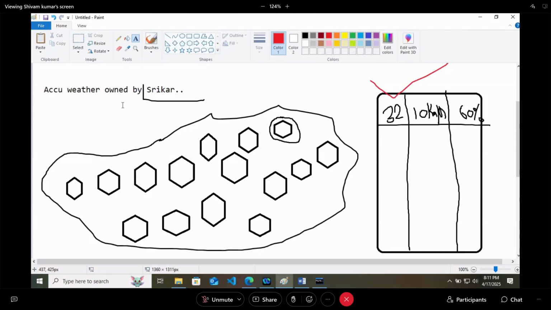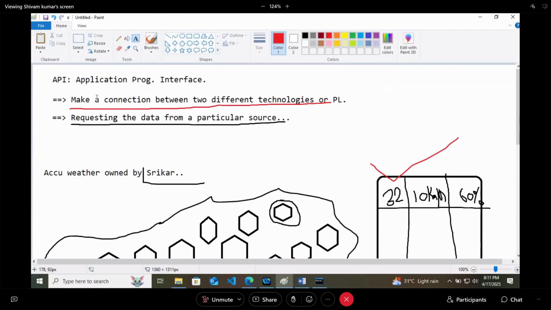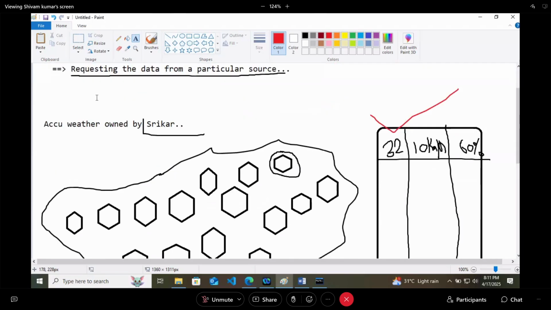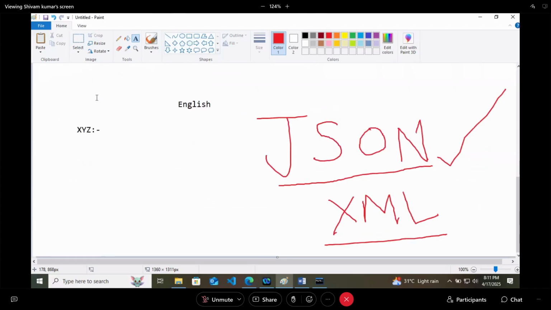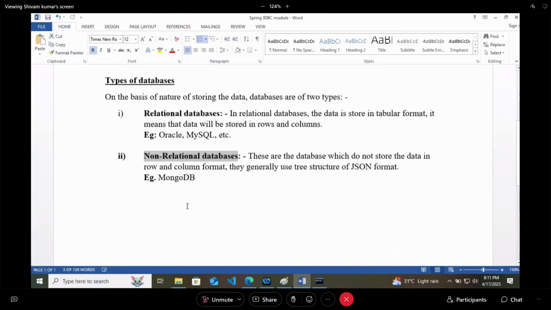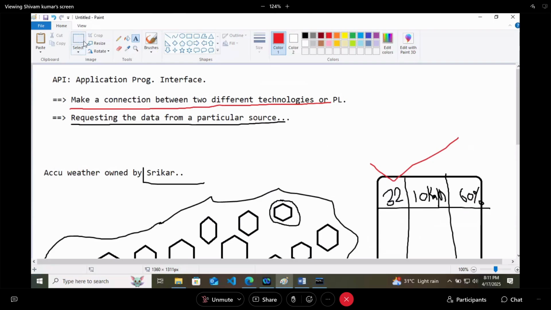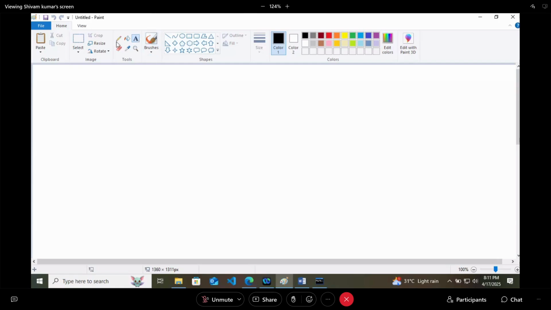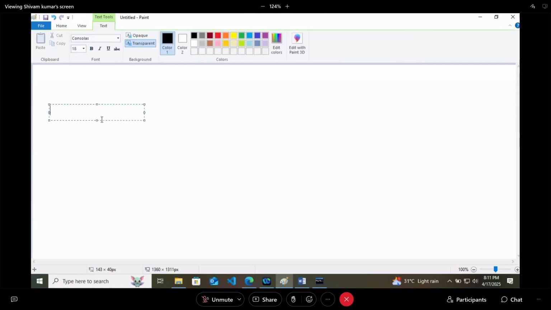So that is API. Is the concept of API clear or not? Okay. We started the entire discussion because we are discussing JDBC, right? And what we have seen, JDBC is an API.